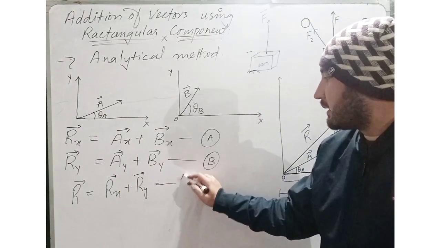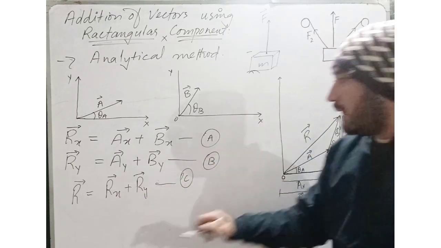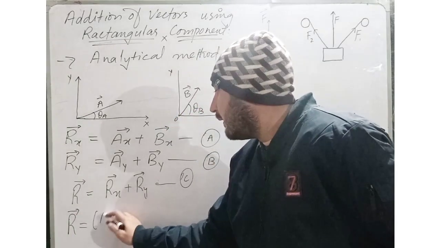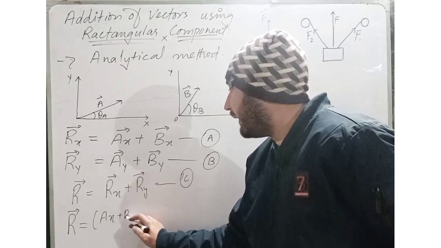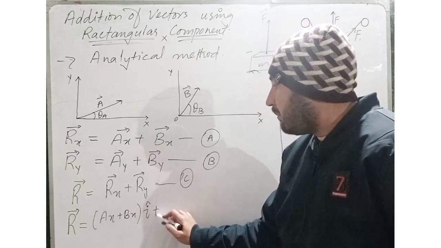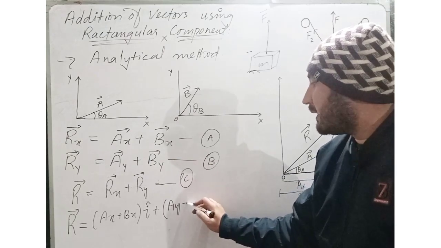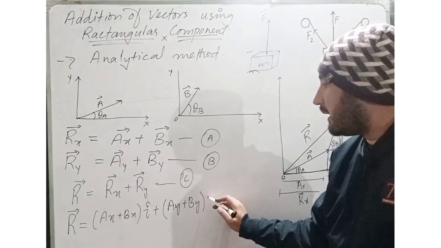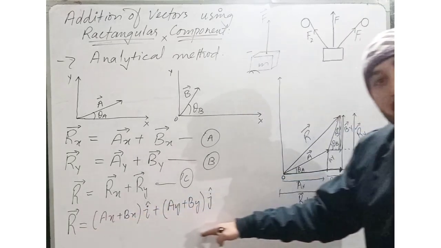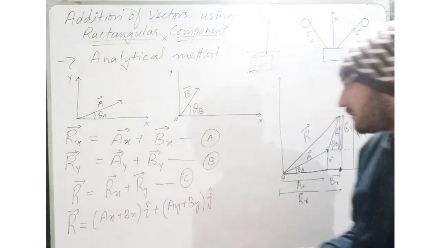Okay, now let's call this C. We can replace Rx and Ry using equations A and B, so that R will be equal to (Ax plus Bx) I cap plus, instead of Ry we can replace this value (Ay plus By), right? In order to represent direction we can use J cap. Okay, so this is how we can find the resultant vector using rectangular components of two vectors, right?